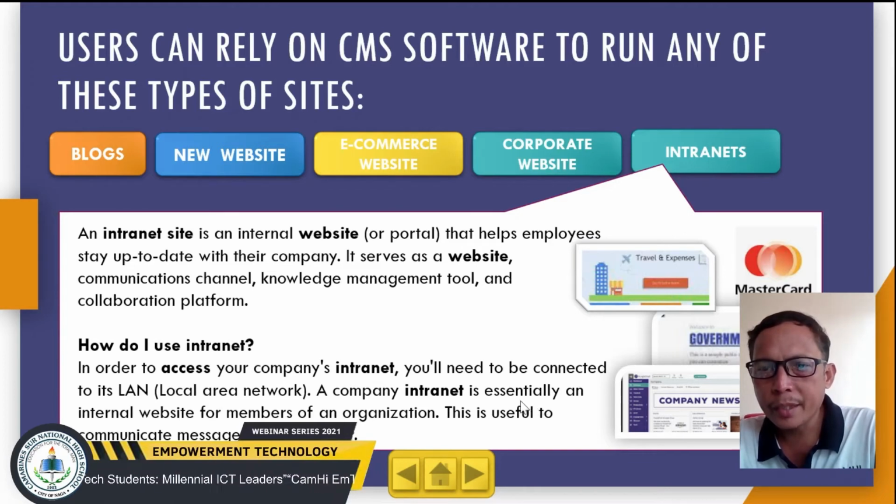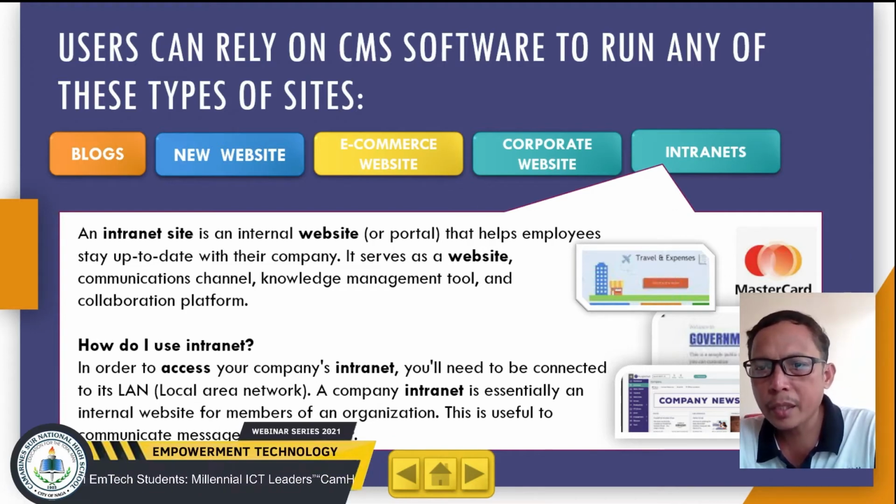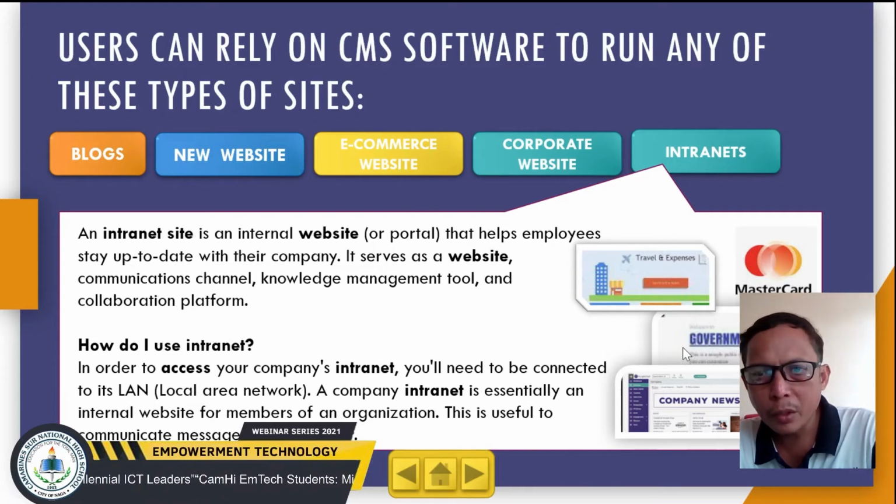It is essentially an internal website for members of an organization. This is useful to communicate messages between personnel or staff within the organization. One of the best examples of these are the government website, the MasterCard, the travel expenses, and company or organization websites.